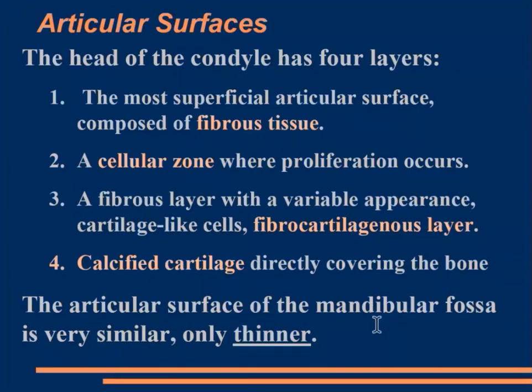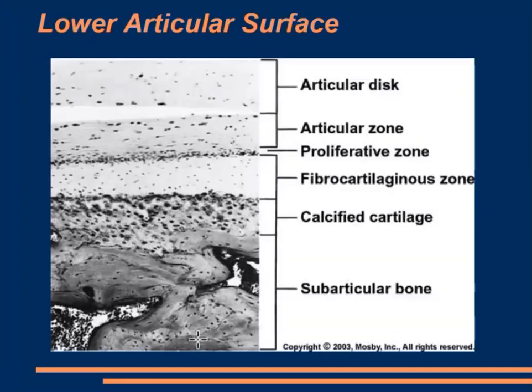The mandibular fossa, or what we call the pterygomandibular or craniomandibular fossa, will be thinner in cross-section. Here is the lower articular surface. This is the synovial cavity in between, underneath the articular disc, the lower synovial cavity.